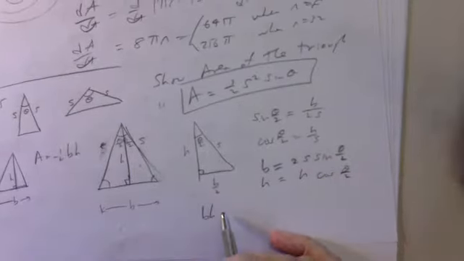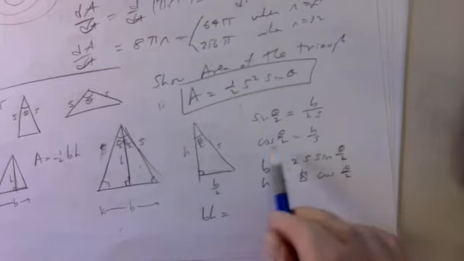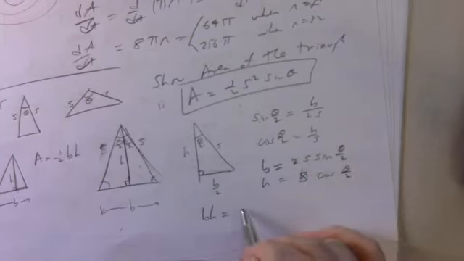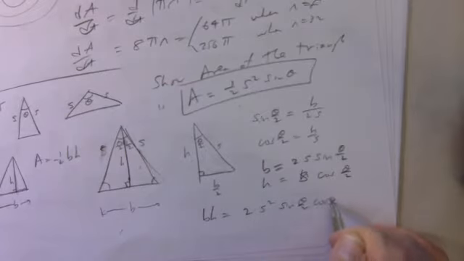So the base times the height, you multiply these together. Oops, sorry, this is h. H is S times the cosine of theta over 2. So bh is 2S squared sine of theta over 2 cosine of theta over 2.